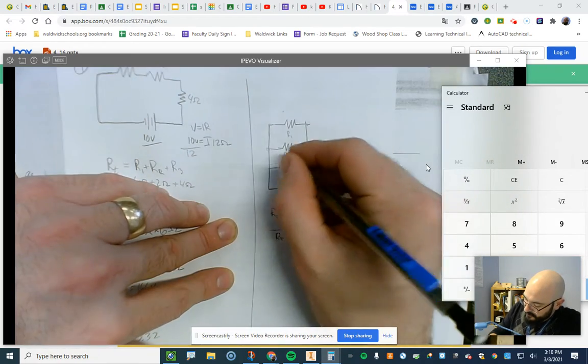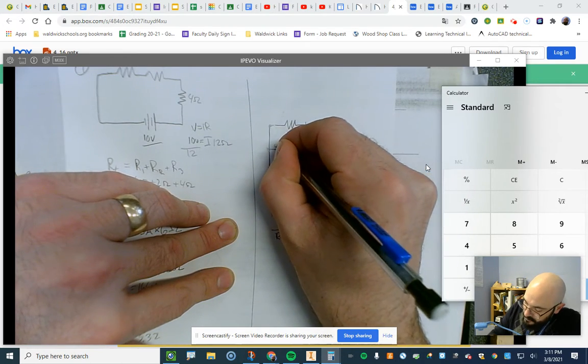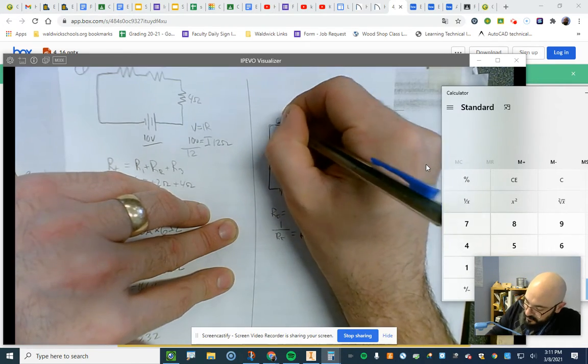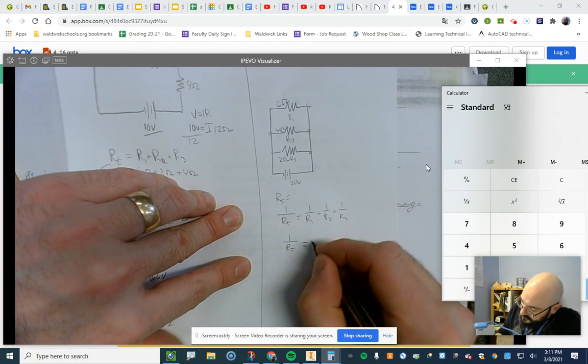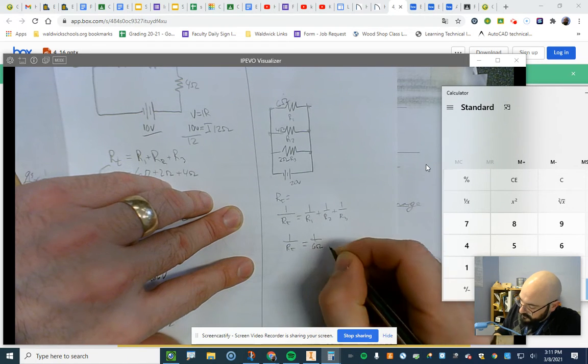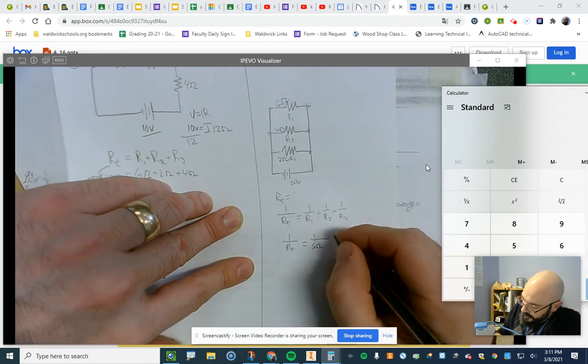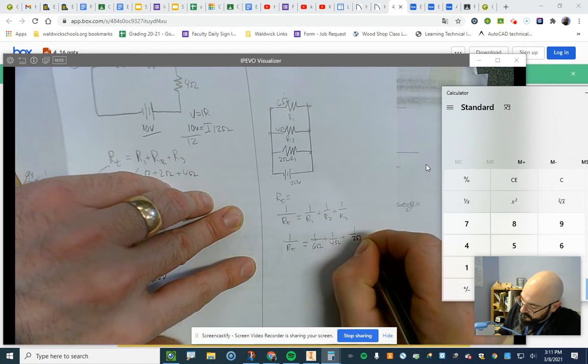Oh, and I didn't write down my resistances. I got 2 ohms. I got 4 ohms. And I got 6 ohms. So 1 over RT equals 1 over 6 ohms plus 1 over 4 ohms plus 1 over 2 ohms.